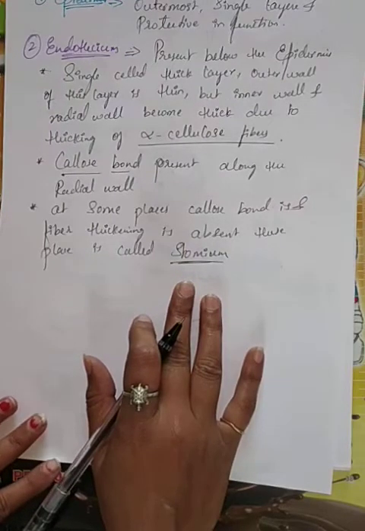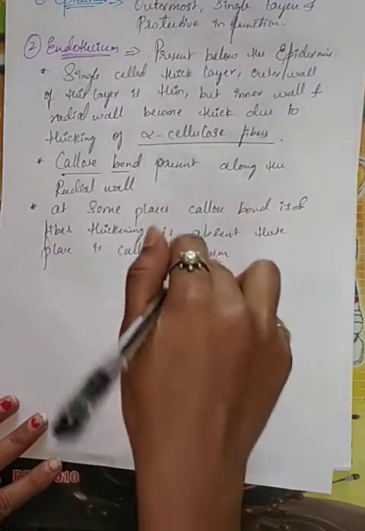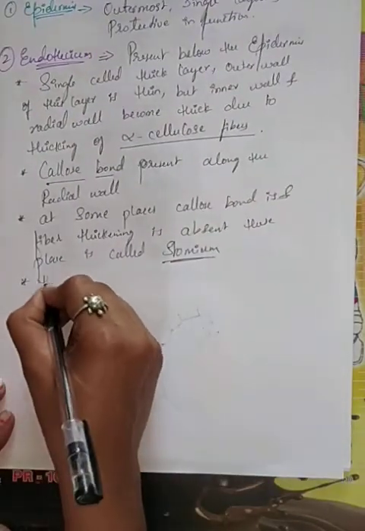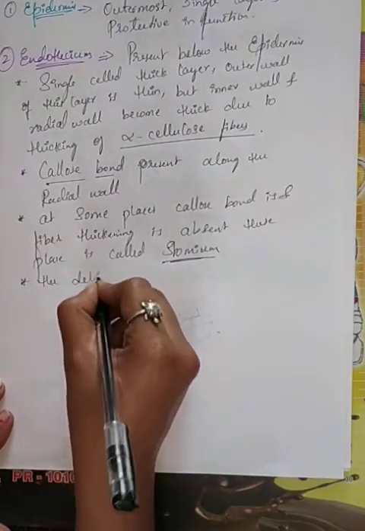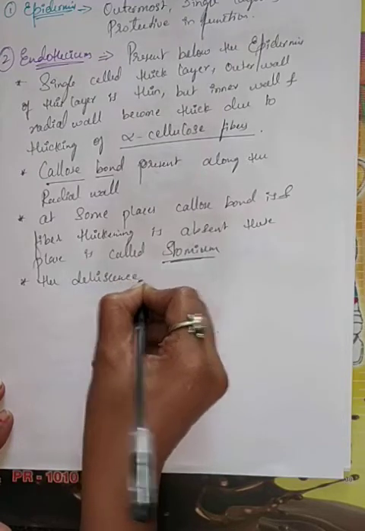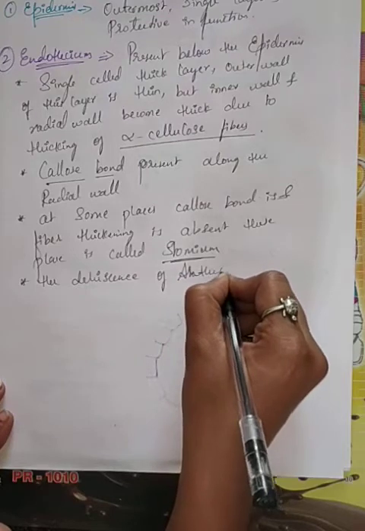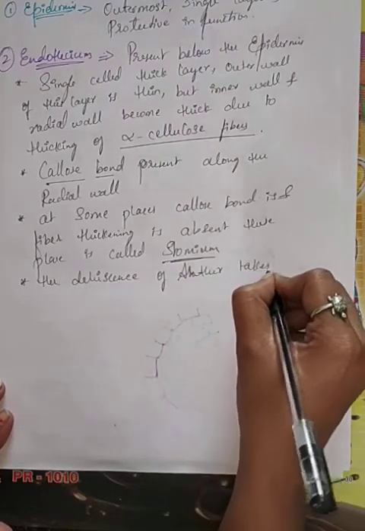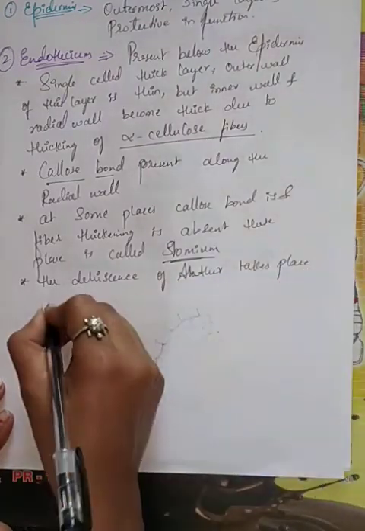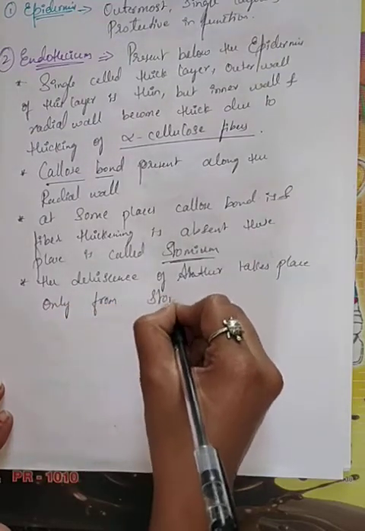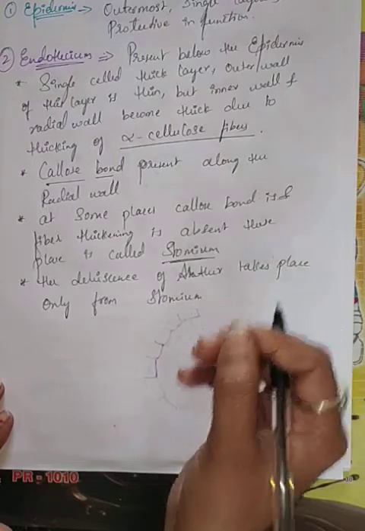Dehiscence of the anther takes place only from the stomium. Why? Because that will be a thinner layer.